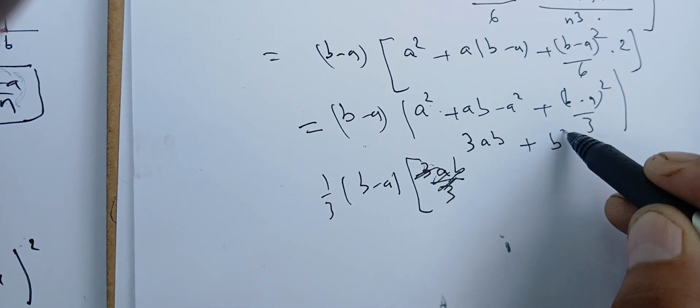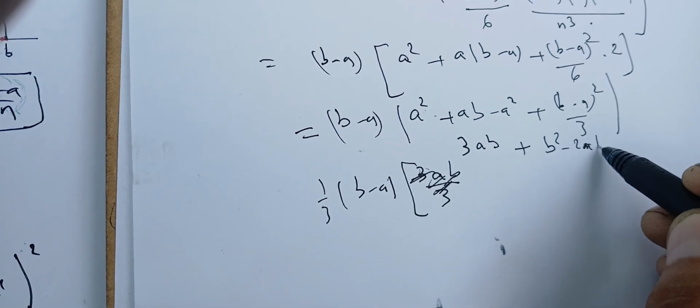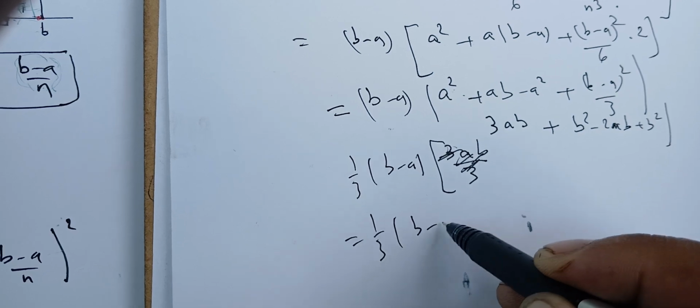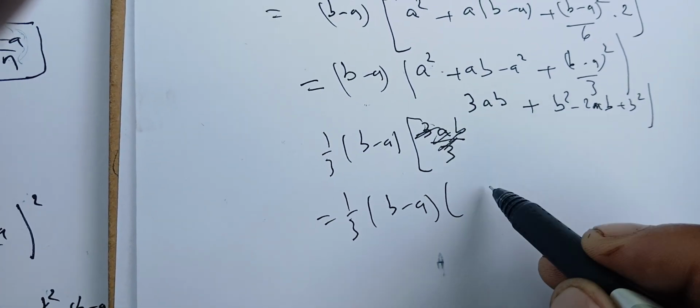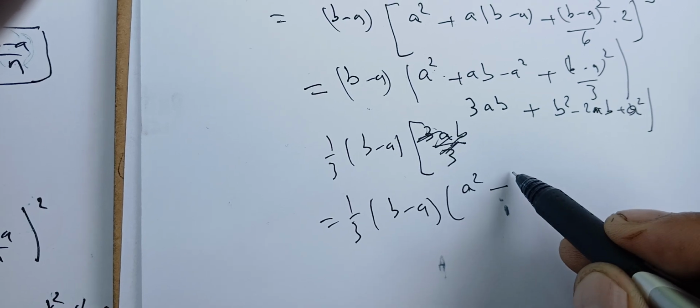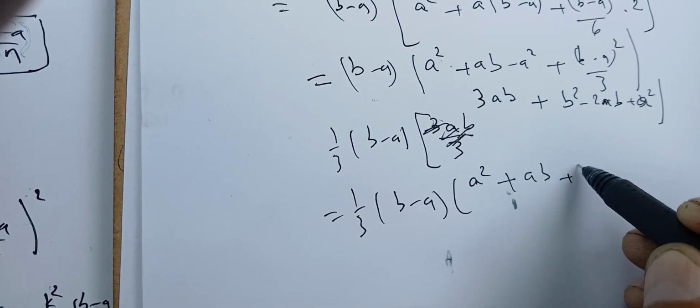So this a is going to go. Plus b squared minus 2ab plus a squared. Therefore, I have 1/3 b minus a times a squared plus ab plus b squared.